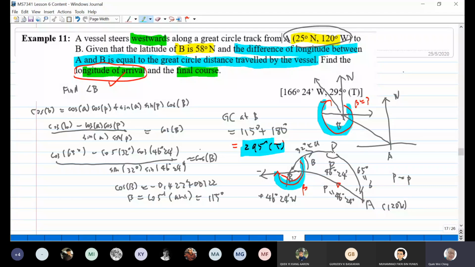So I just press cosine inverse, then minus 0.4227. I think I will get... it must be in degree mode, so number 2 here. Then you get 115 degrees. You get this? Yeah. That's how you get 115 degrees.